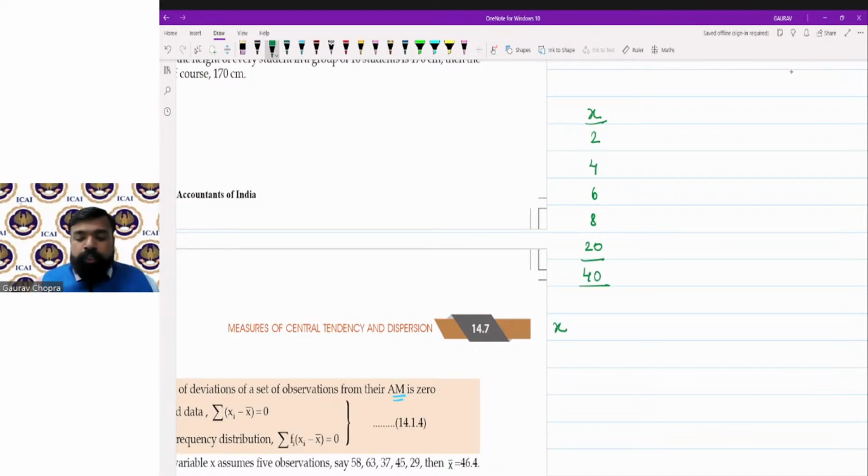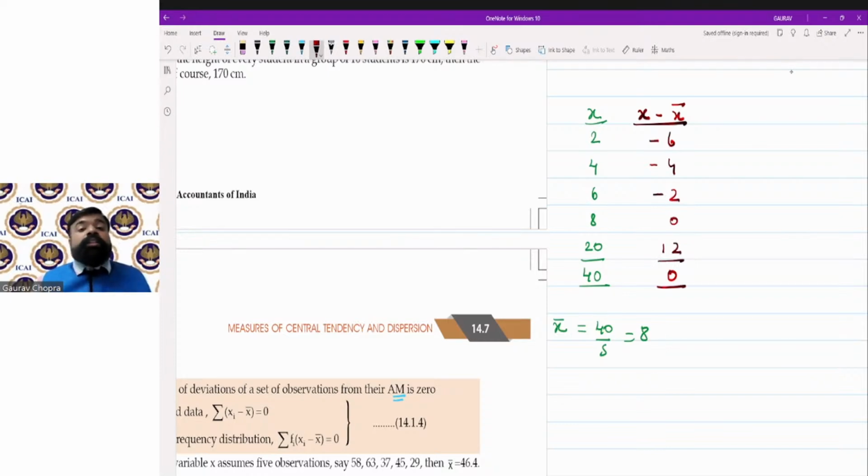The total is 40 and arithmetic mean will be 40 upon 5, that is 8. Now taking deviations x minus x bar: 2 minus 8 is minus 6, minus 4, minus 2, 0, and then 12.